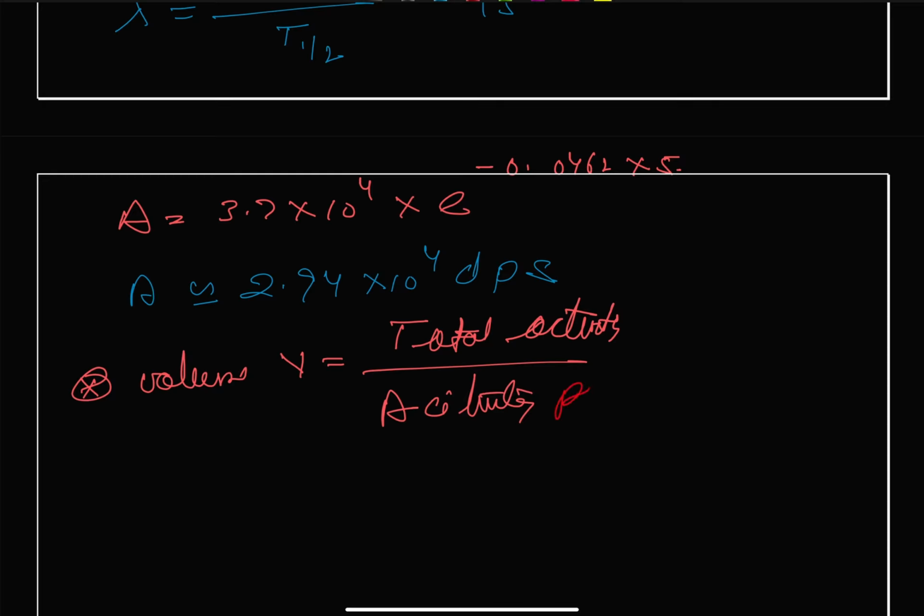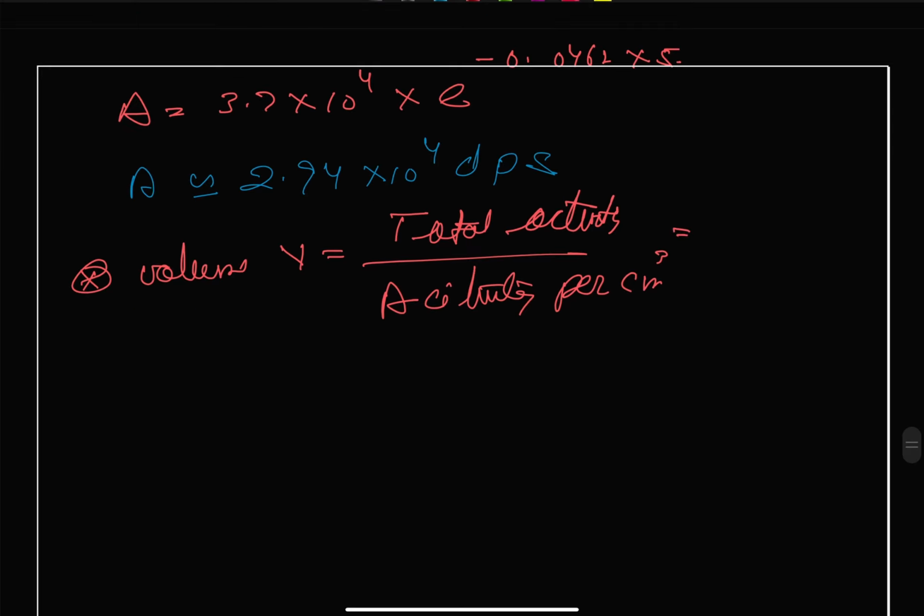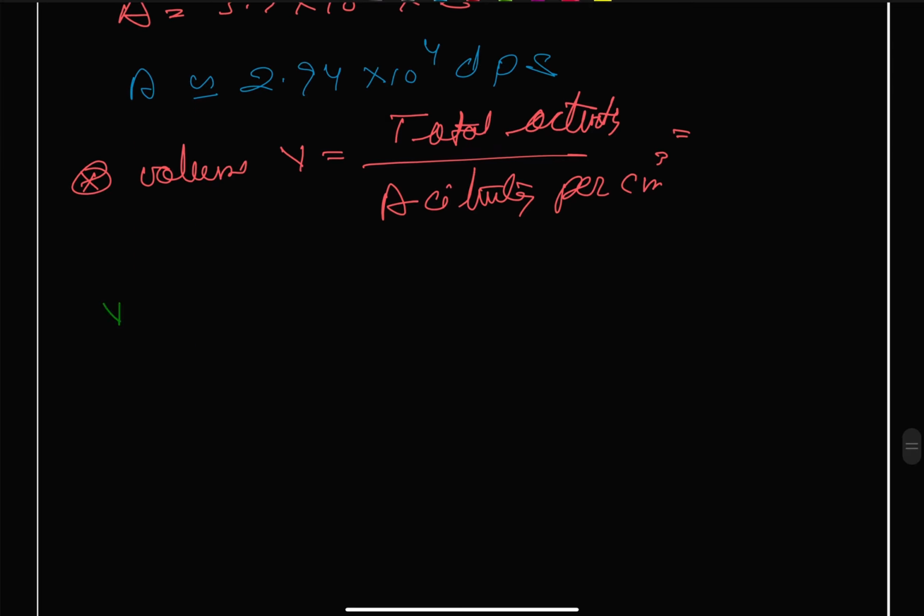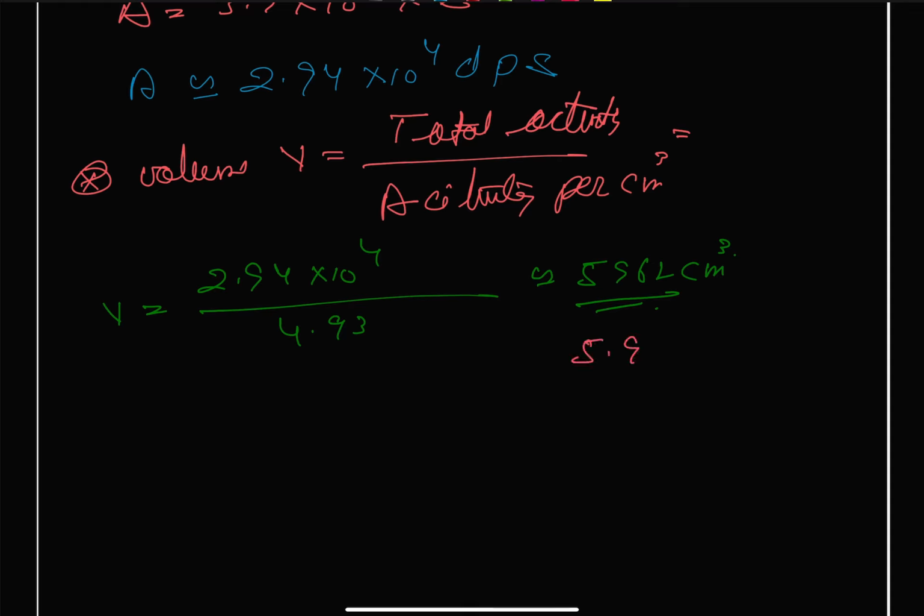We already know that our total activity is 2.94 into 10 to the power 4, and the activity per volume is given as 4.93, which gives approximately 5962 centimeter cube. In terms of liters, we can write this as 5.962 liters.